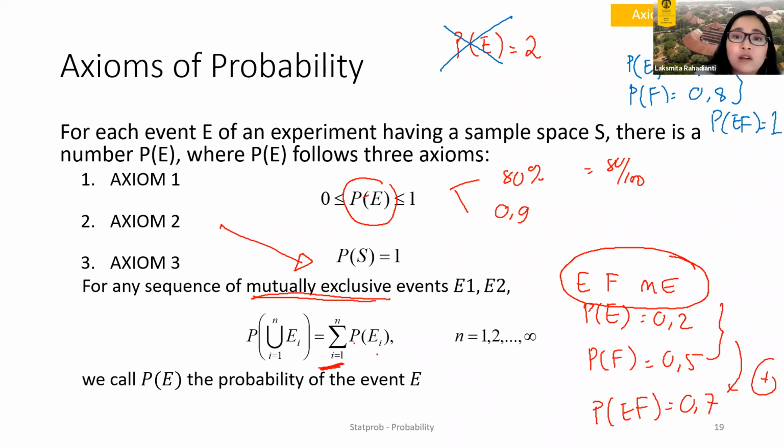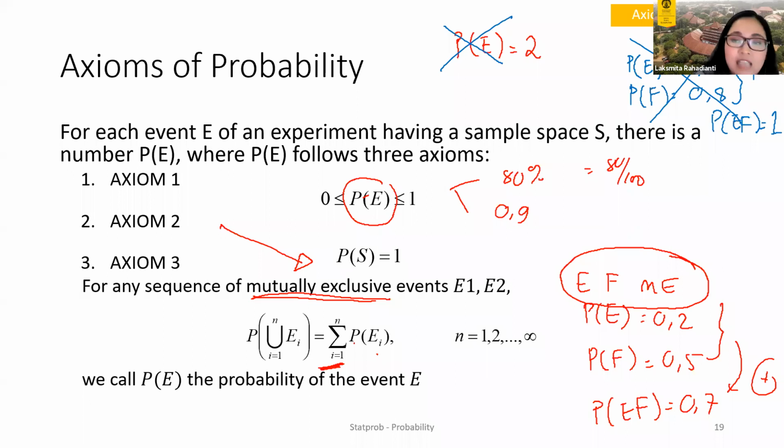The answer is no. This is also false because we don't know if E and F are mutually exclusive. If they are mutually exclusive, then yes, I can sum it up into 1. But if they are not mutually exclusive, there must be an intersection between them, and the probability of the union will not be equal to the sum of their individual probabilities.